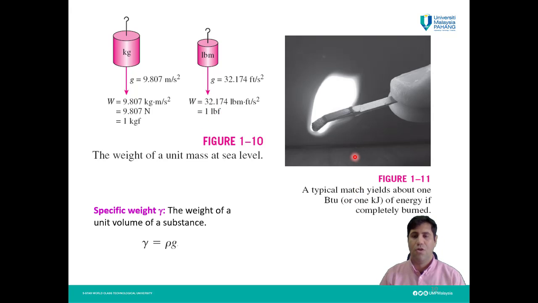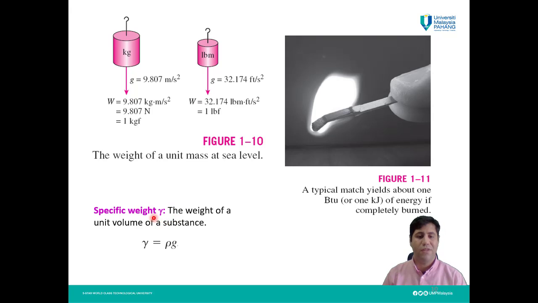And about the energy, as I said, its units can be joule or kilojoule or BTU. You can see here how much the energy from the burning of a match will be. It will be about 1 BTU or 1 kilojoule of energy.